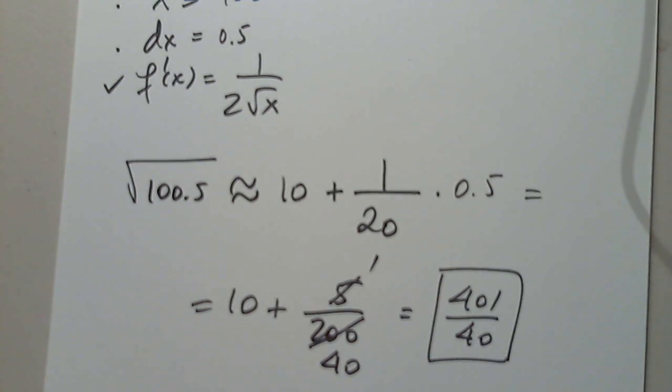Are you happy with the error? I'm very happy with the error. So the exact is 10.02496883. So to speak, is not exact, but you know what I mean. And our approximation is 10.025. It's very good, very close, because delta x or dx was 0.5.